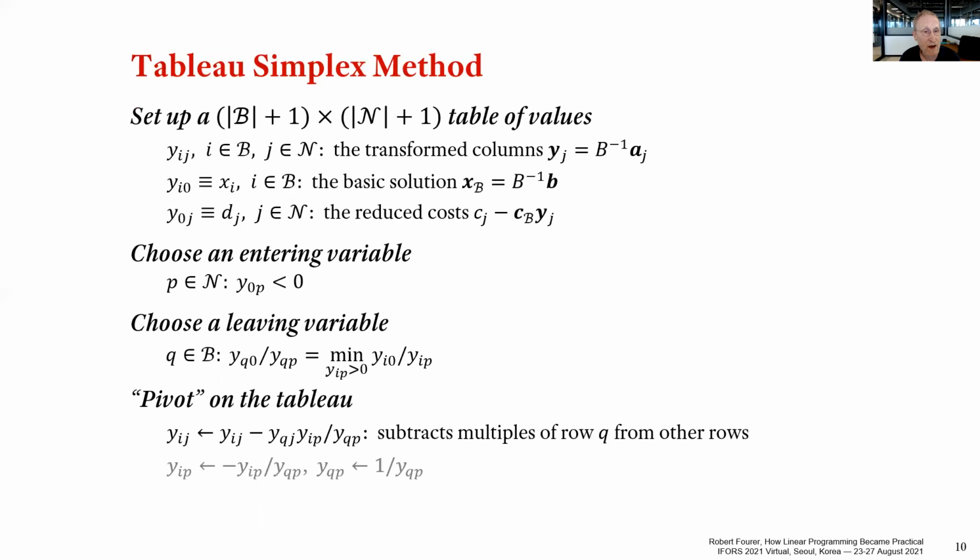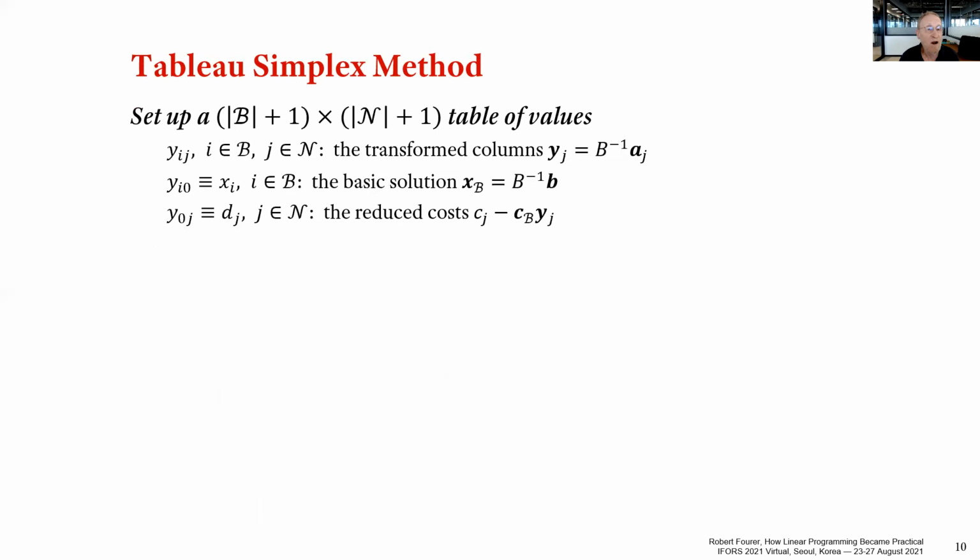So the main things to know about the tableau method are first that it sets up this big table that's roughly M plus 1 by N plus 1, or rather M plus 1 by N minus M plus 1. So if you have like 100 constraints and 400 variables, then this is a 100 by 300 table of numbers.